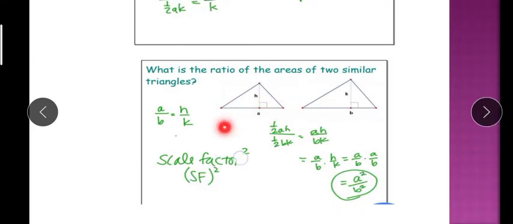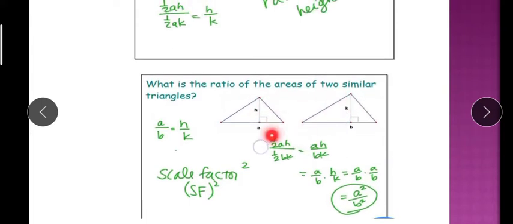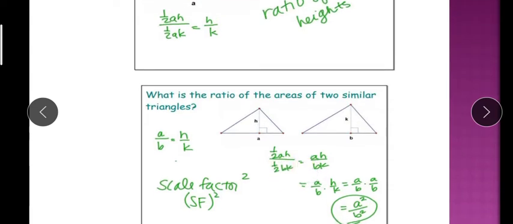Now after observing these two triangles, they are similar, and therefore A upon B is equal to H upon K, and the ratio of their areas is equal to 1 by 2 into A into H upon 1 by 2 into B into K. So this half is cancelled out and you will get A into H upon B into K. But they are similar, therefore their sides are in equal proportion.